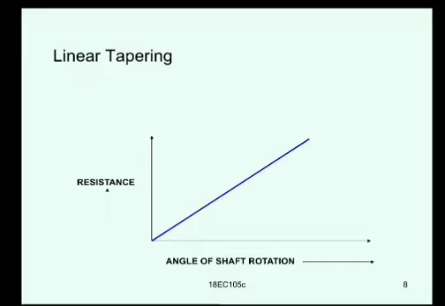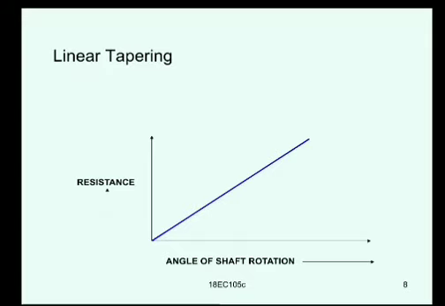Here you have a graph representing the variation of the resistance along the angle of rotation of the shaft, or you can as well take the position of the linear movement of the shaft in a sliding type of potentiometer.